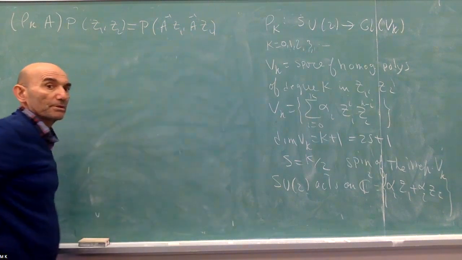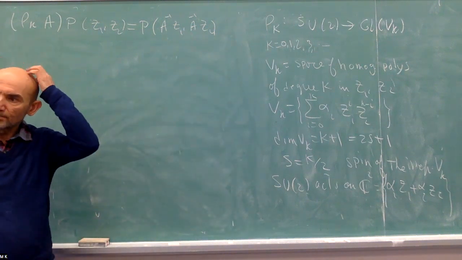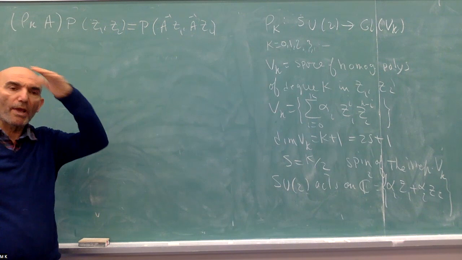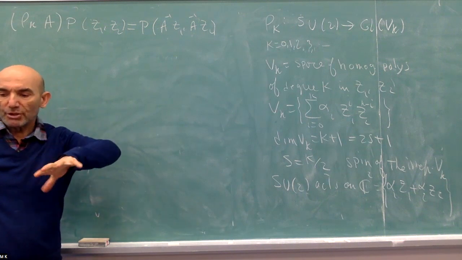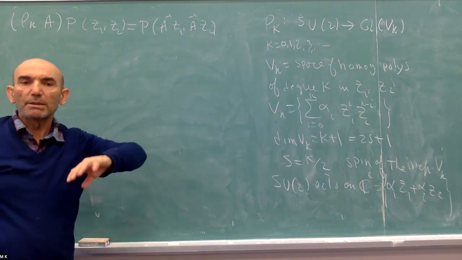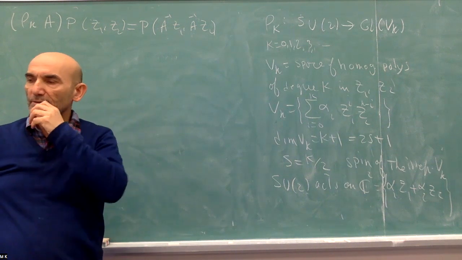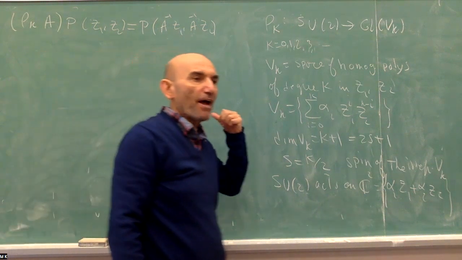Because it has two variables, that's the way it acts. If you have an action of a group on a space, then the group acts on functions on the space.